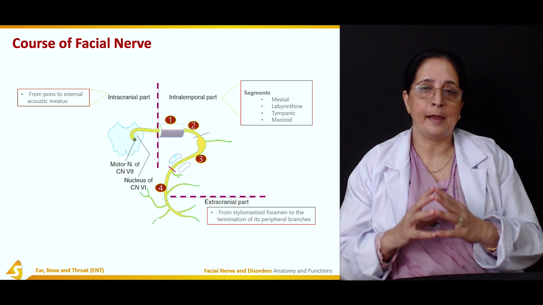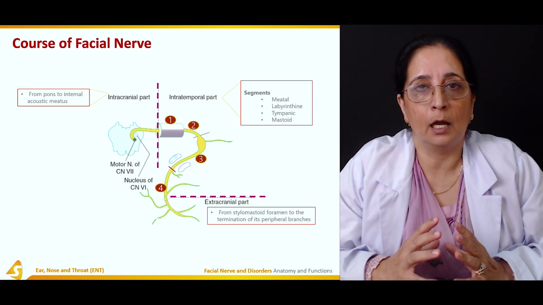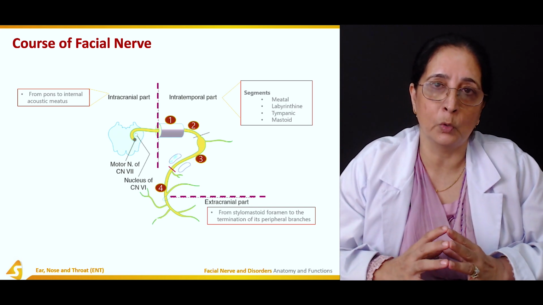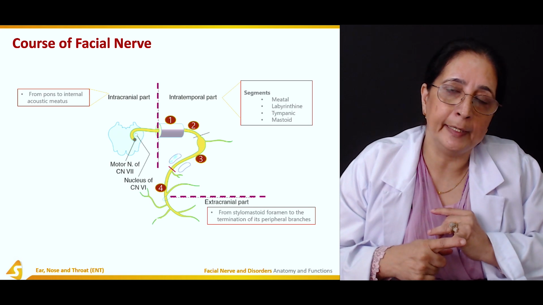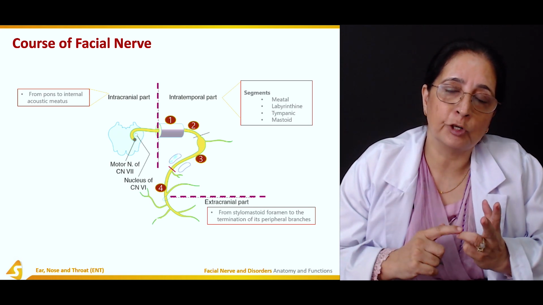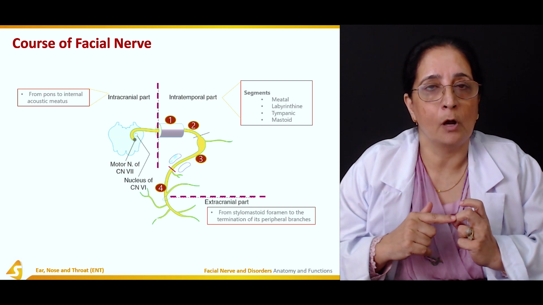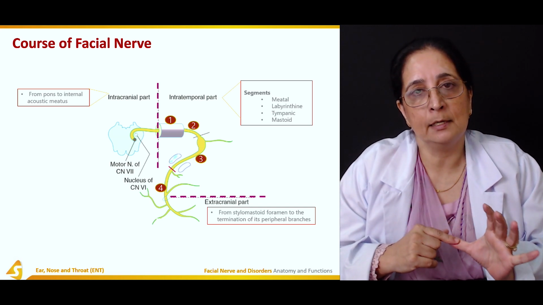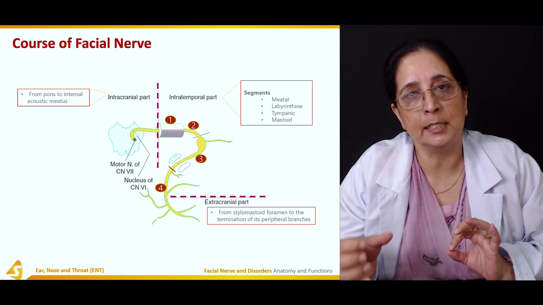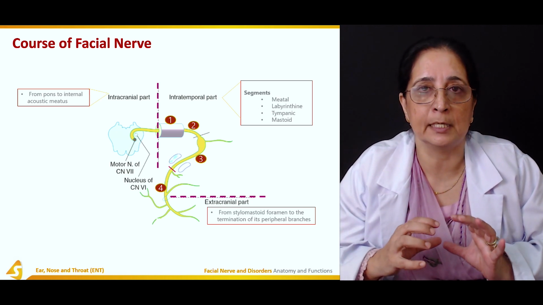So the facial nerve has 3 components of its course. We have an intracranial component, an intratemporal component, and then an extracranial component. Intracranial starts from the pons to the internal acoustic meatus.